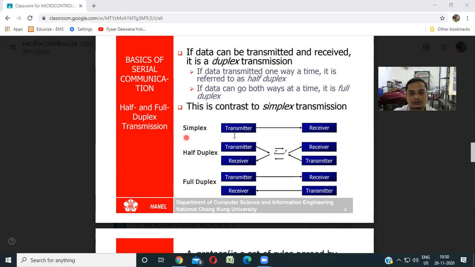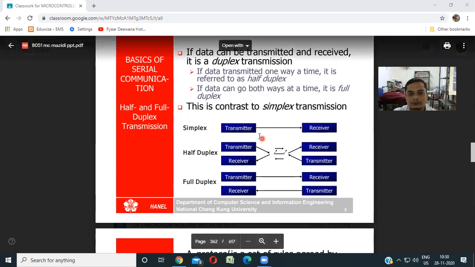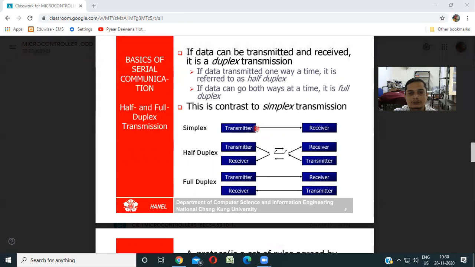In simplex, you can see here we have the transmitter and the receiver. Here you can see the one-way communication. Data is transferred in one direction, and there is no opposite direction data transfer from the receiver to the transmitter.